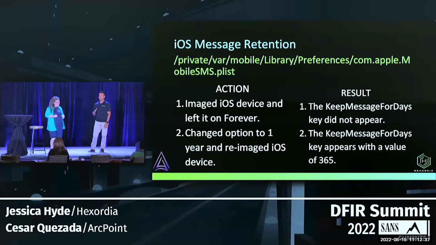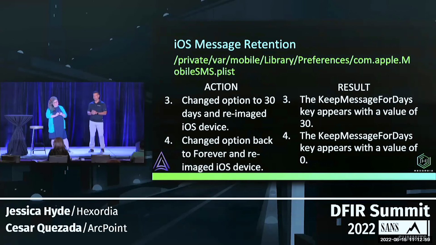So we wanted to see if we could determine if the user ever changed it. So we imaged the device and the keep messages for days key in that plist was nowhere to be found. It doesn't exist there. So we changed the option to 1 year, and then all of a sudden that keep messages for days key appears with a value of 365, obviously for 365 days in a year.